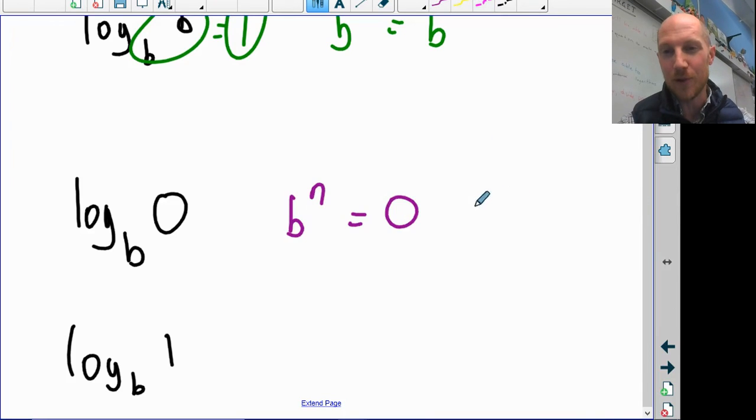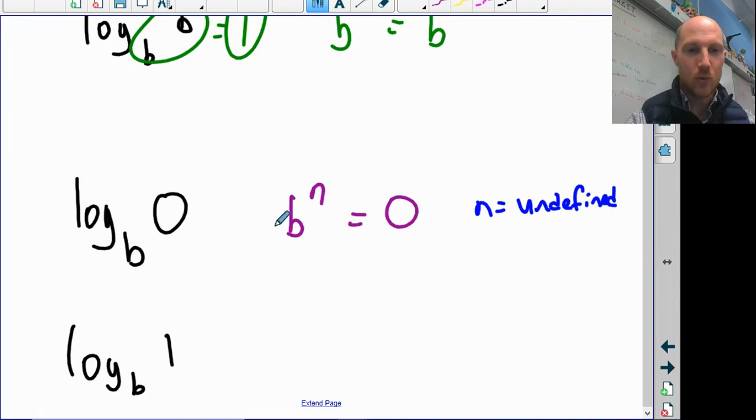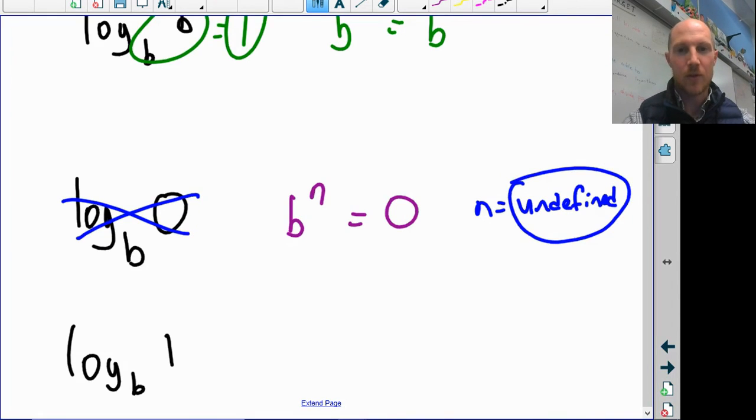People want to say that the exponent is 0, but that's actually not true. There is no way to get an answer of 0 if you have an exponent. So this one is undefined, does not exist. Log base b of 0 is undefined.